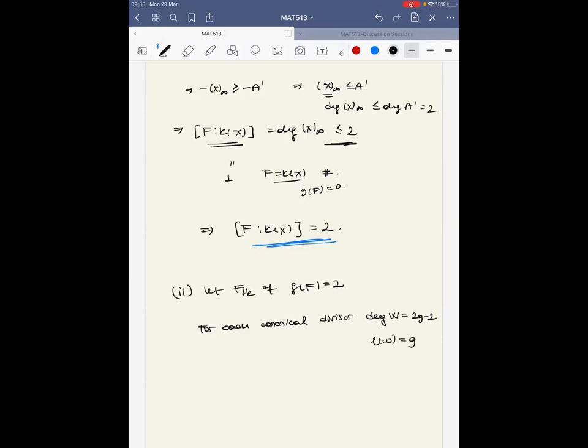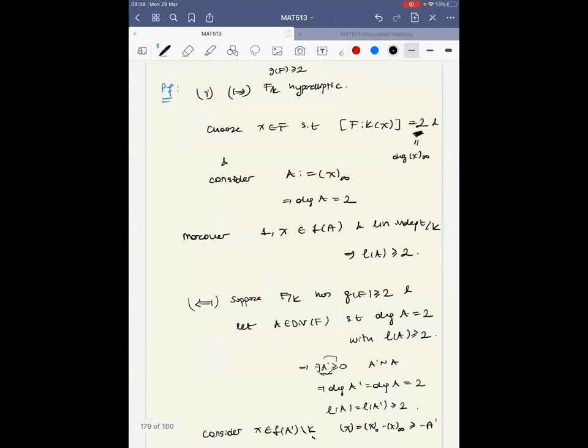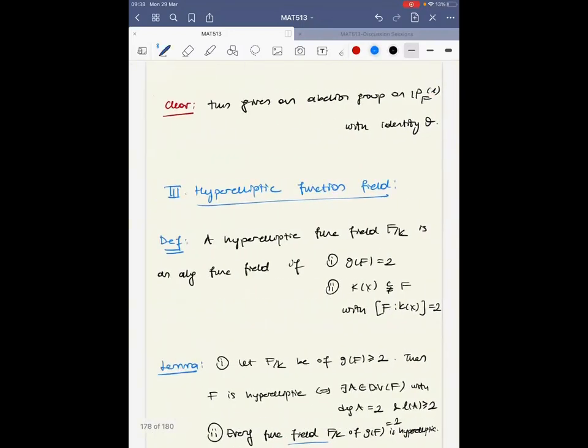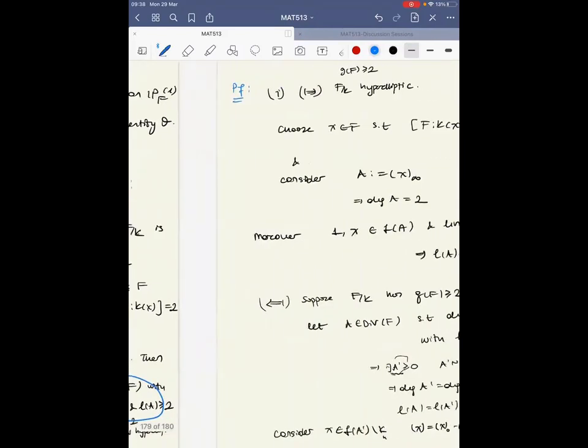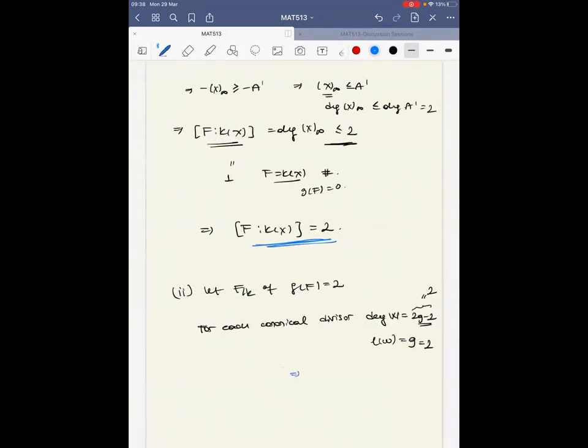And by the assumption, in this case, it is going to have degree 2 and dimension 2. So this shows us the existence of such a divisor. Then from the first item, we can conclude that F is indeed a hyperelliptic function field.